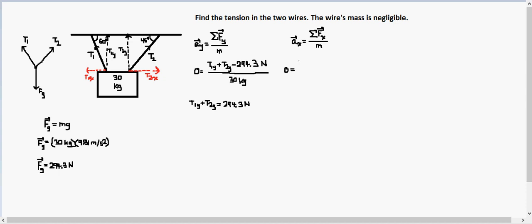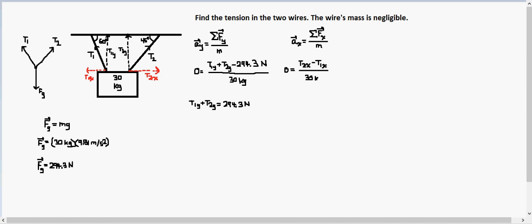T2x is going to the right, minus, because it's going to the left, T1x, over 30 kilograms.